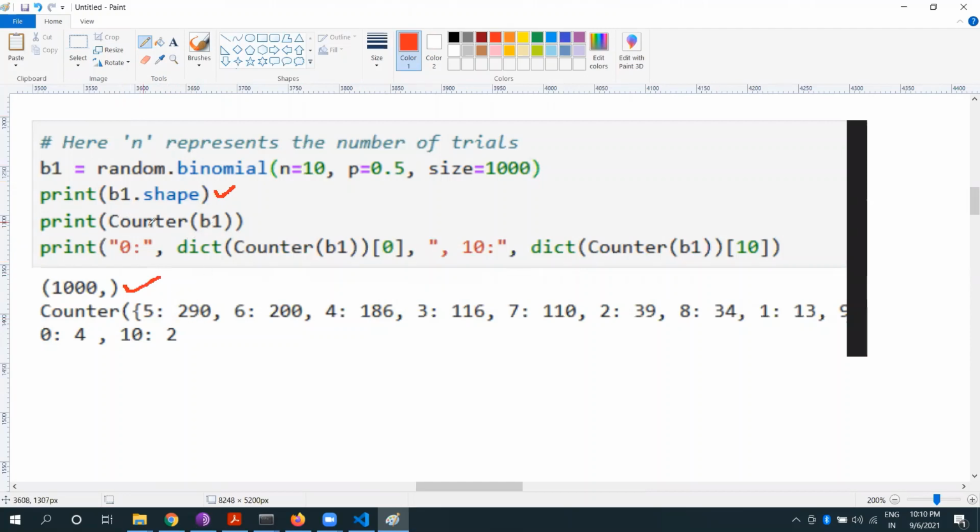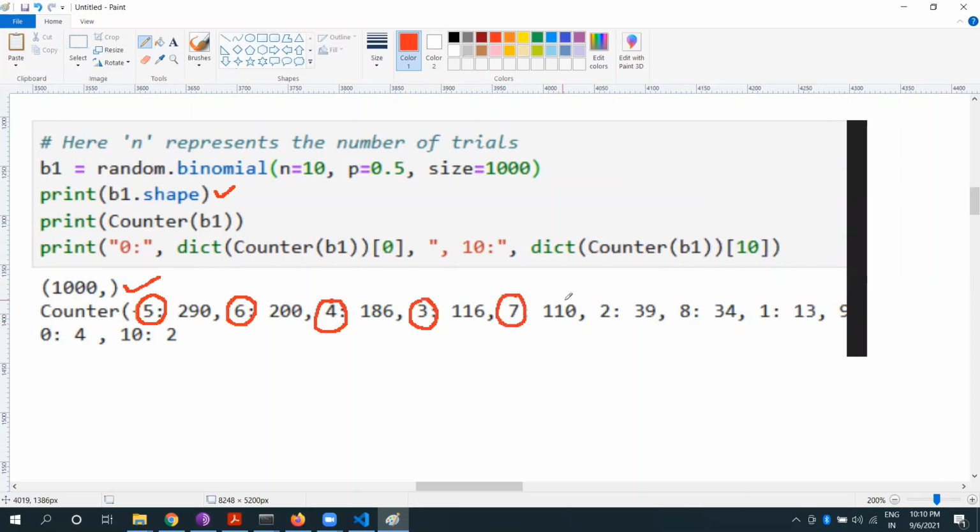If we count B1, the number of times we saw 5. 5 means if we are flipping a coin 10 times, each of these numbers, what is this number? 5, right? 6, 4. These are the outcomes of the experiment. Getting it?